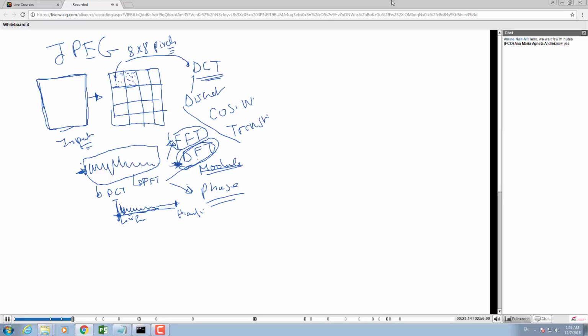So with the DCT, if the input is one signal, you will obtain as output one signal. Why? Because it's described by the equation related to the discrete cosine transform. But with the discrete Fourier transform, the result will be complex. So you will have module and phase.